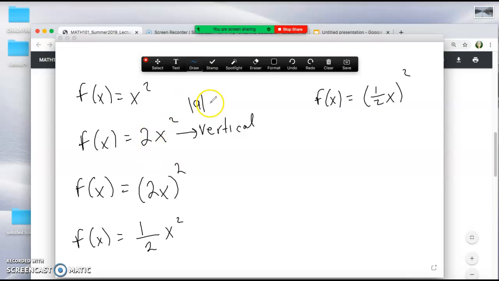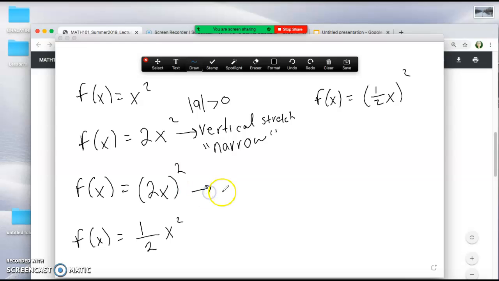The absolute value of 2 is greater than 1, so it's a vertical stretch. When you vertically stretch something, it gets more narrow.